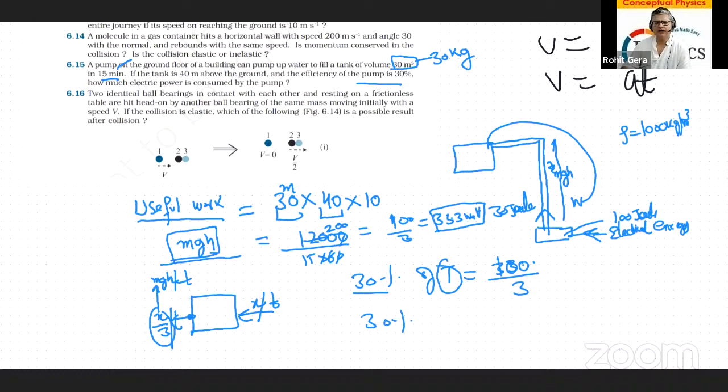So that means the total power which it requires every second it has to deliver 100 by 3 into 30 by 100 is equal to 10 raised to power 4 and 90. So this is your 10 raised to power 3 divided by 9 watts. ज़्यादा है.